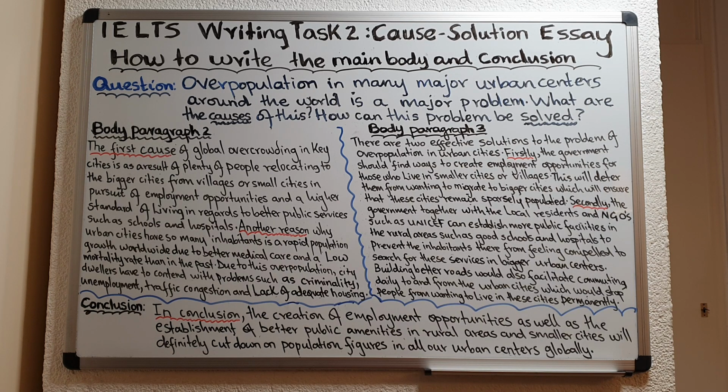The only difference is that more often than not, the general training students get questions that have simpler topics and simpler questions. This particular question that we are going to look at in this lesson is for both academic and general training students.